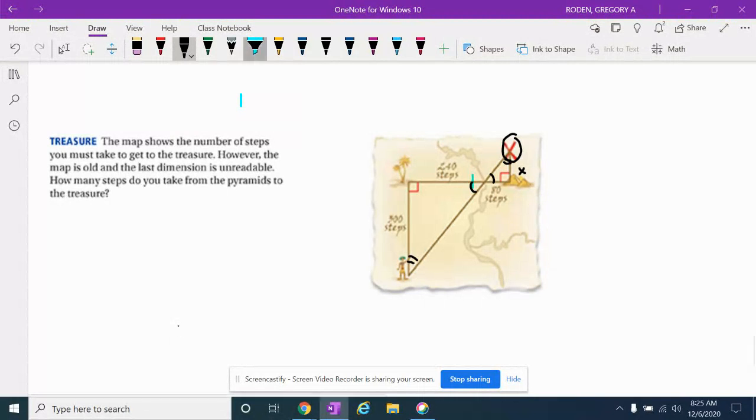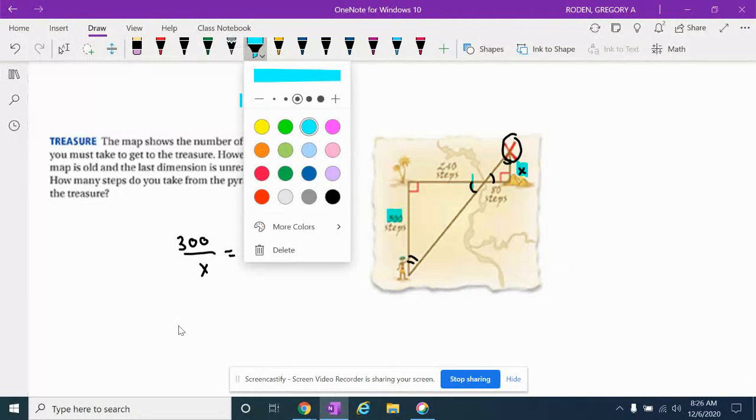If I choose 300 right here on the big one, what corresponds with 300 on the little one? Well, it's this x right here. See how it's straight up and down, the right angle, and the x is right there. So I can put 300 over x. Now I've got to go back to the big one because I started with the big one. Now I'm going to look at 240.